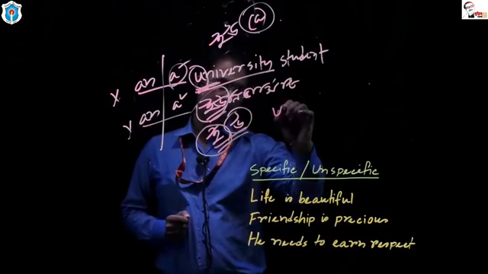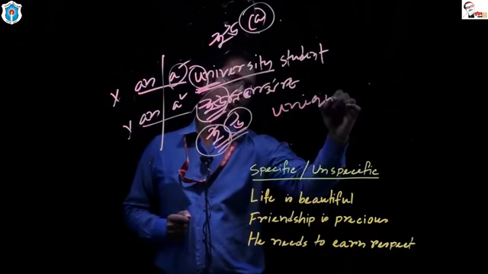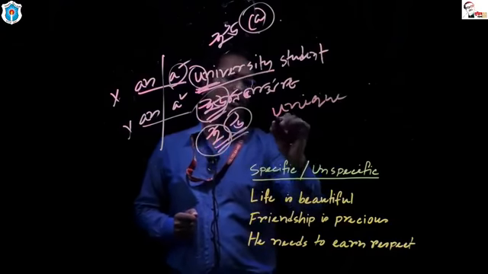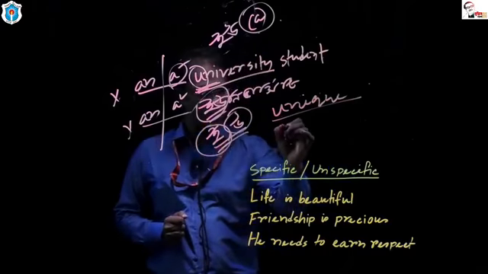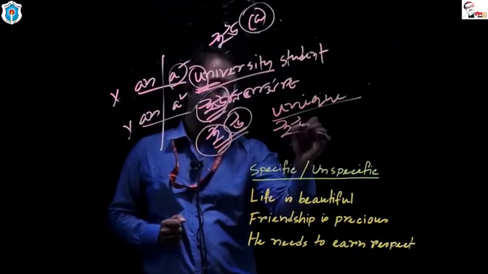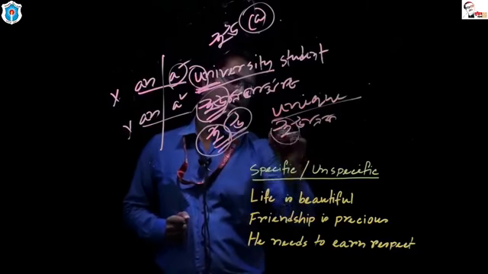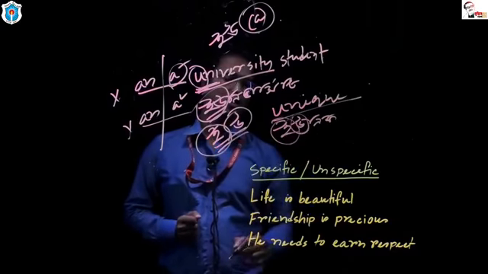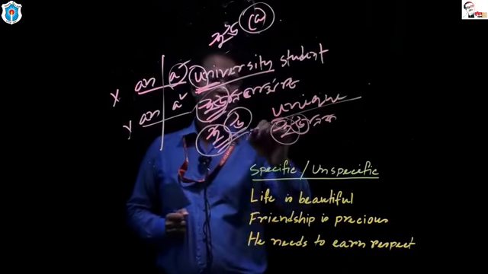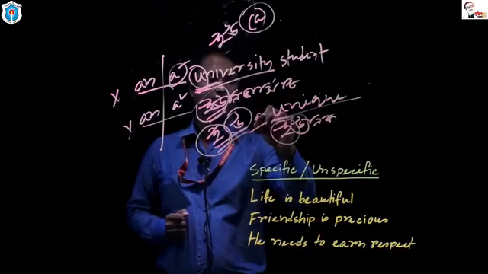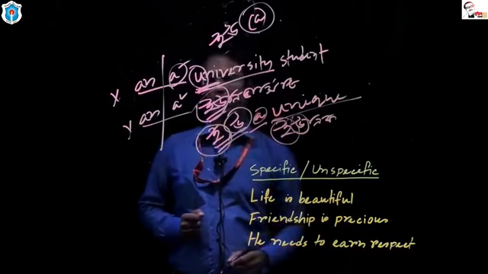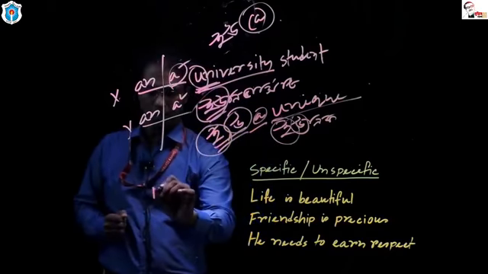And unique, Anupam. Unique. There are also two vowel sounds here. One is E, another is U. That's why a unique man. Got it? European.